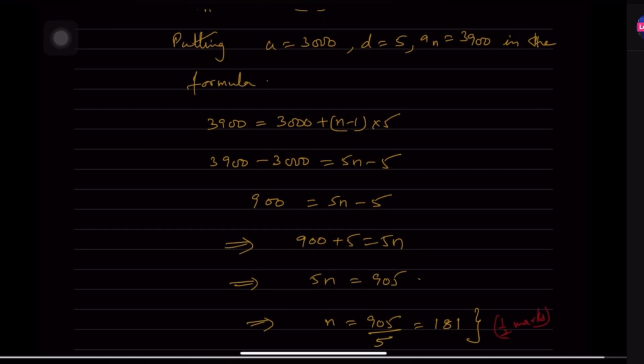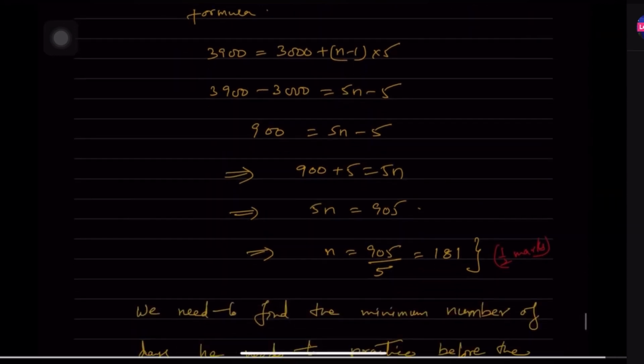So bring in 3000 this side, you are getting 900 is equal to 5N minus 5. Or you can take out 5 common. So 5N is equal to 905. Or you can bring the 5 this side and do it. So getting 5N is equal to 905. 905 by 5, which is equal to 181.